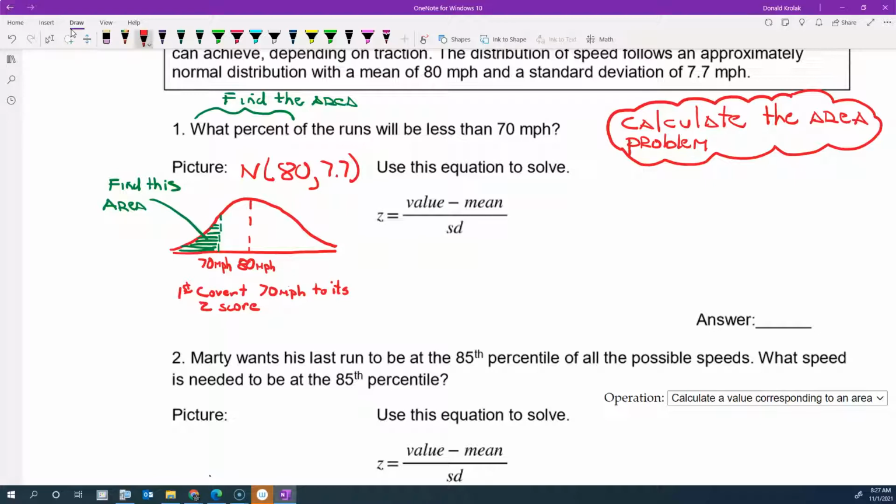The z-score for 70 is 70, take away the average, divided by the standard deviation. I already calculated it, so I'll just give it to you. When you do the math, you get negative 1.30.